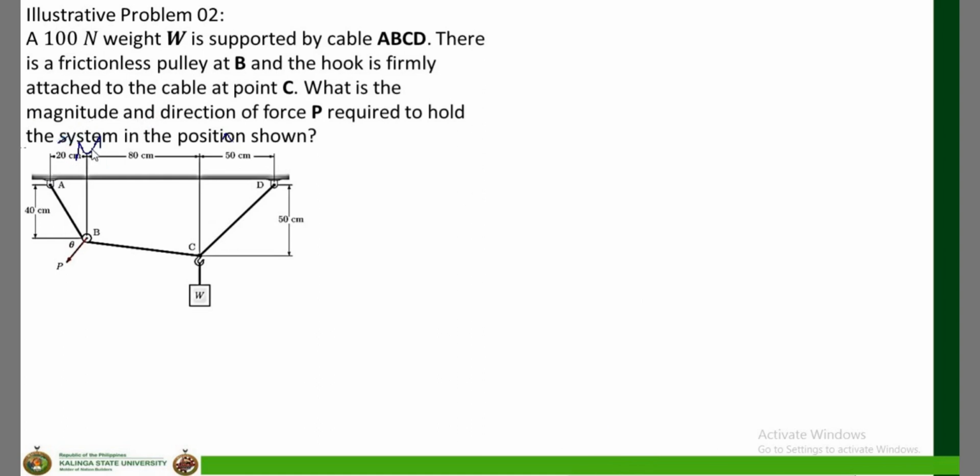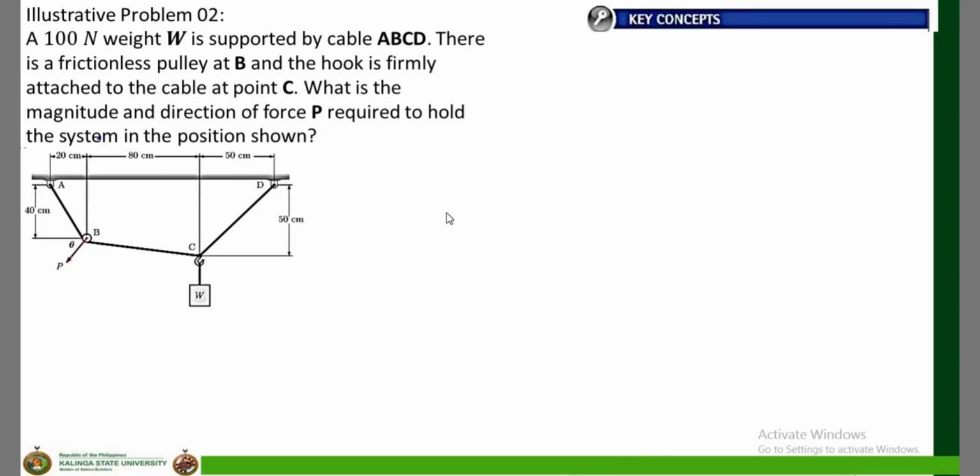There is a frictionless pulley at B and the hook is firmly attached to the cable at C. What is the magnitude and direction of force P required to hold the system in the position shown? Again, this figure is, if you remember, the same one I gave as an activity last week.